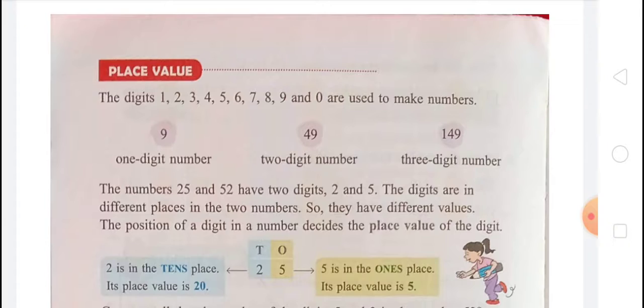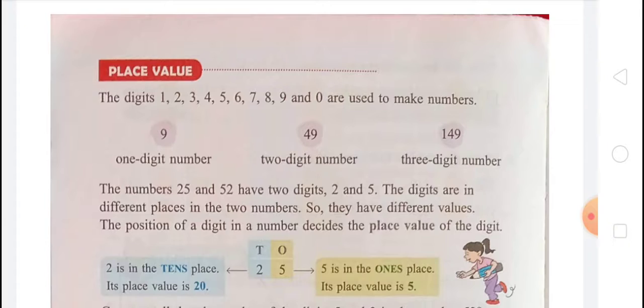If you want to make a 2-digit number, you use 2 digits. And if you want to make a 3-digit number, you use 3 digits.